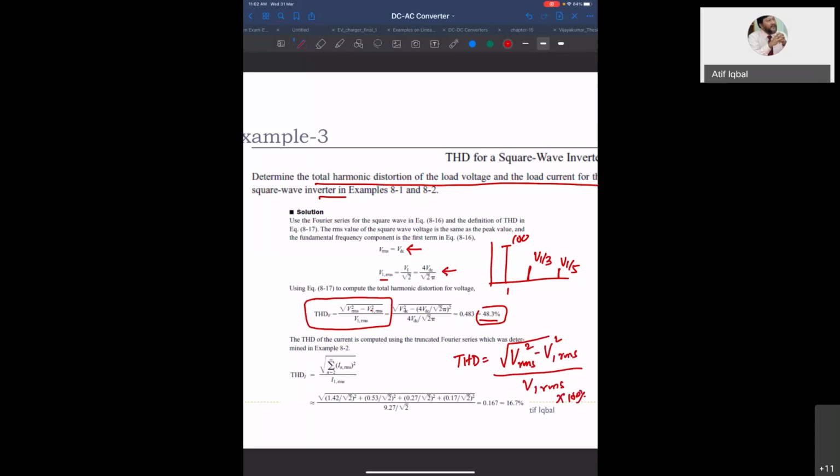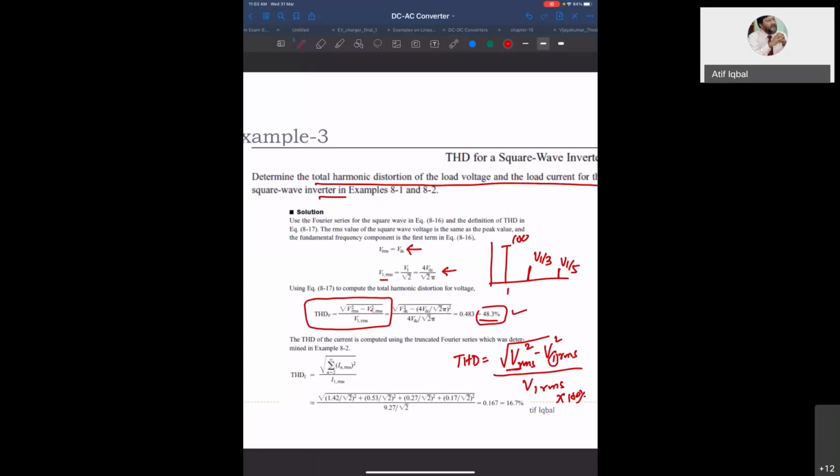Remember, V1 is the fundamental, and Vrms is for the whole waveform, like a square wave or any other kind of wave. Here you consider only the fundamental. So for the square output, it is a fixed value, which is 48.3%.